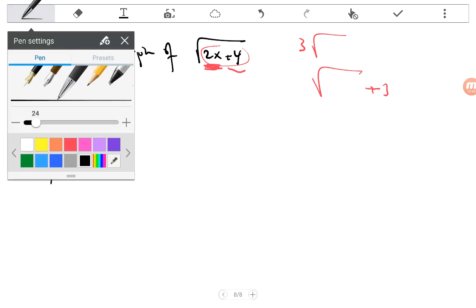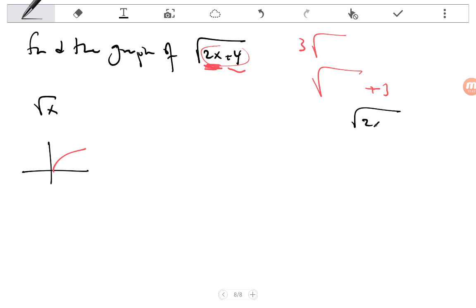Now, I want the final destination to be root 2x plus 4. Now look at this rule. Whenever I have a coefficient of x that is not 1, I just make the graph of what is simpler, which is with 1 instead of 2.